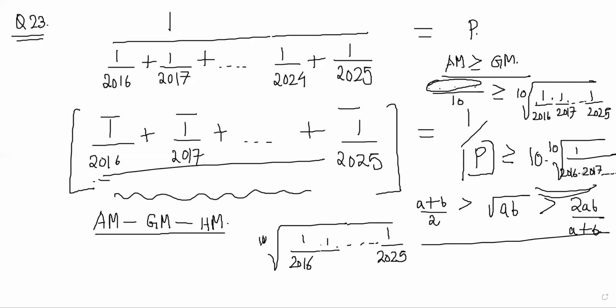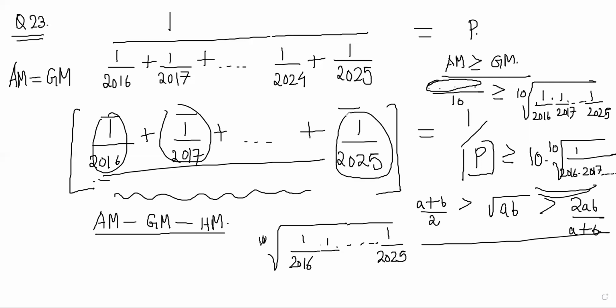So the point is that when you do AM-GM, the equality sign, AM equal to GM, happens when all the numbers are equal to each other. Why?